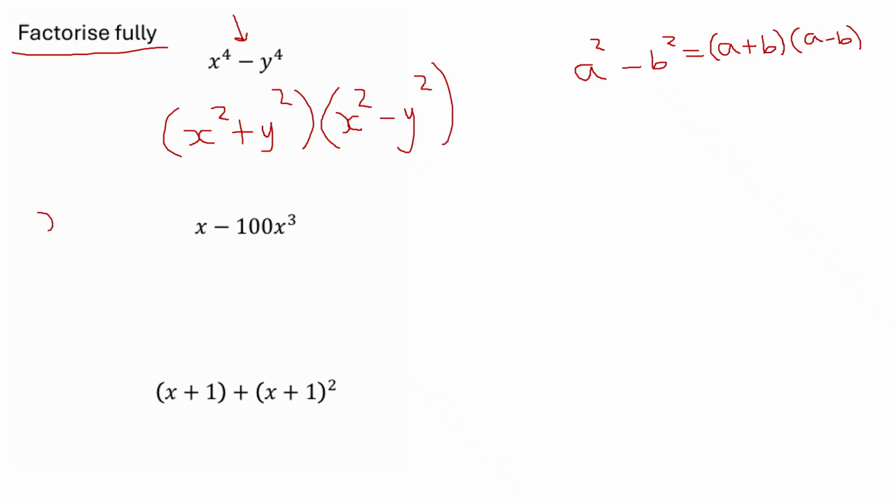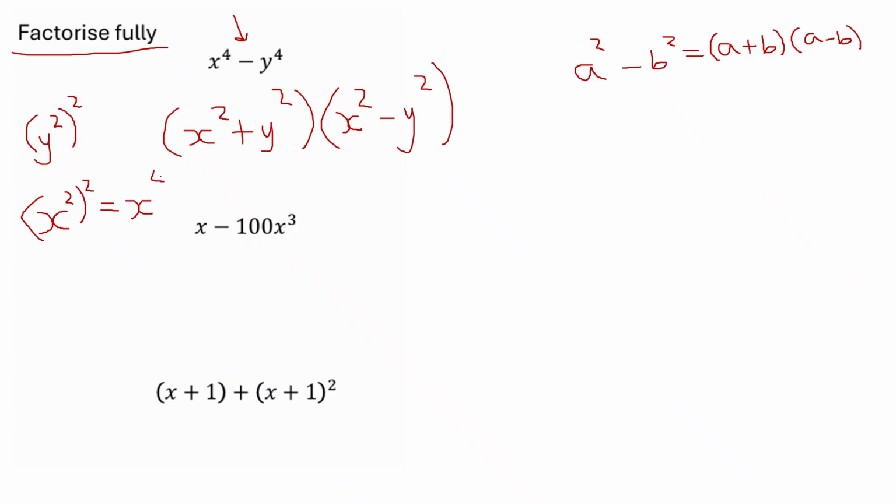If you remember your index laws from GCSE, x squared all squared just becomes x to the power of 4, and similarly y squared all squared gives me y to the power of 4.